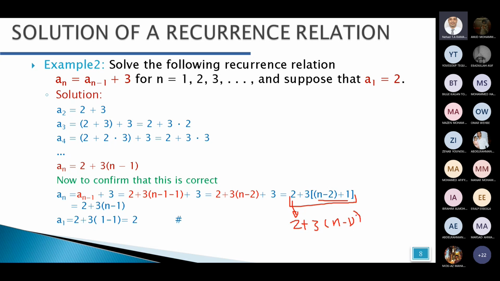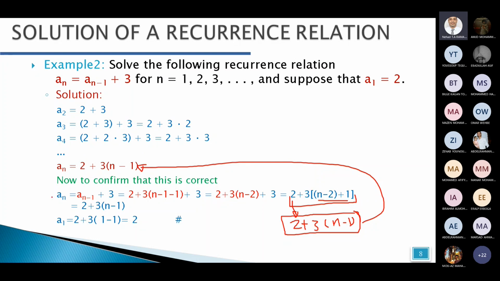Okay, look at this one. So when we have a_n, it's actually equal to 2 plus 3 (n minus 1), which is the solution.